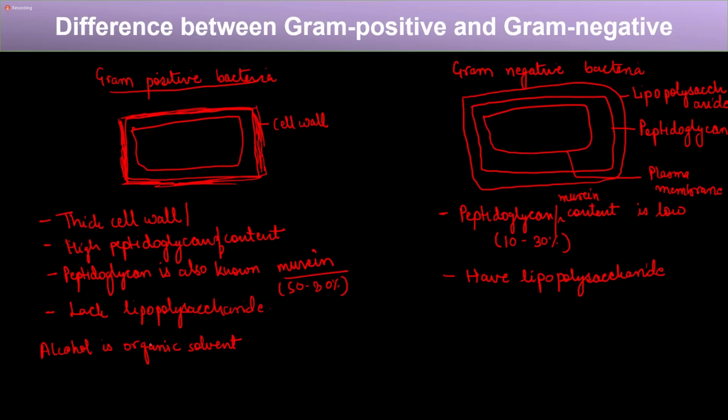Because of this reason, the gram-negative bacteria are not able to retain the crystal violet color, because they are washed by the alcohol. While the gram-positive bacteria, because they do not have a lipopolysaccharide layer, retain that crystal violet color.